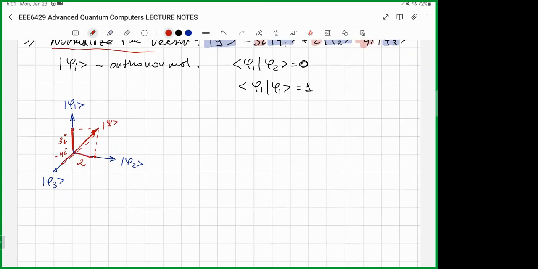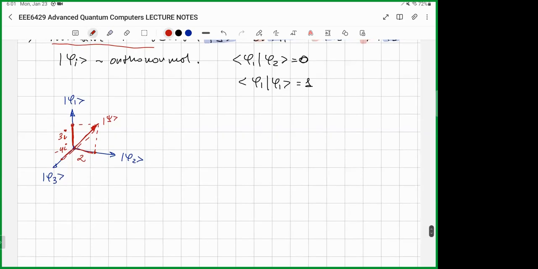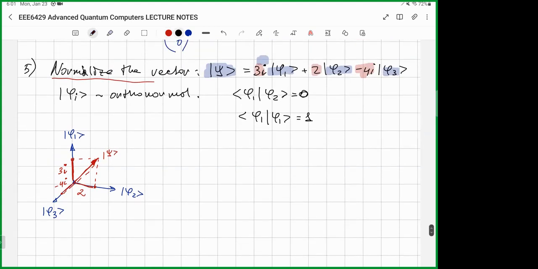So this is definitely not the kind of space that we are used to, because in our real Euclidean space these projections are always real valued. But in quantum mechanics, we have to go beyond to these complex spaces. All right.